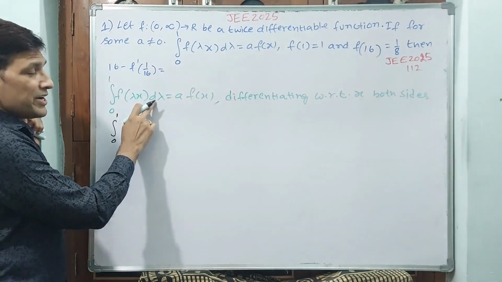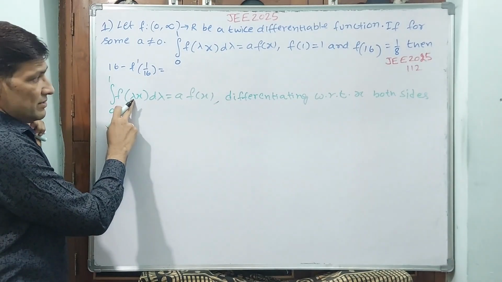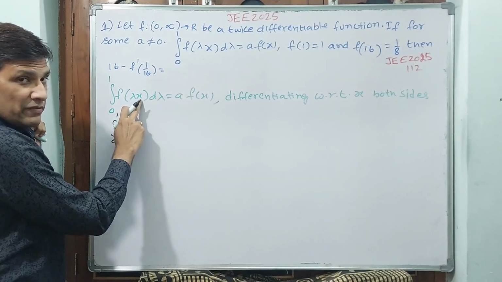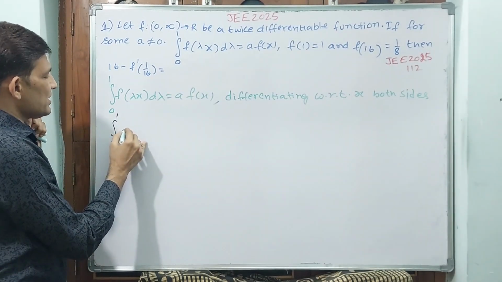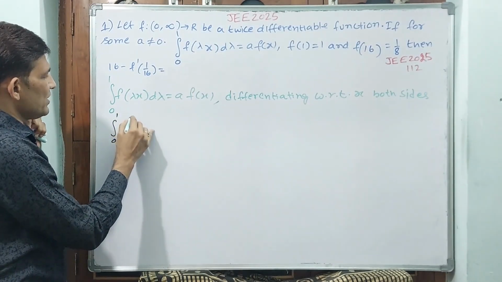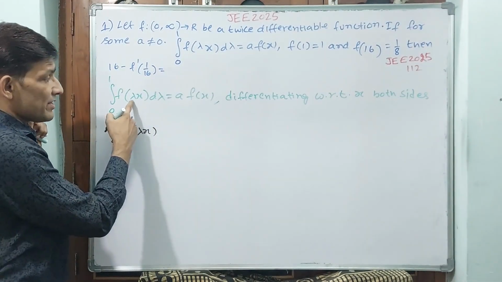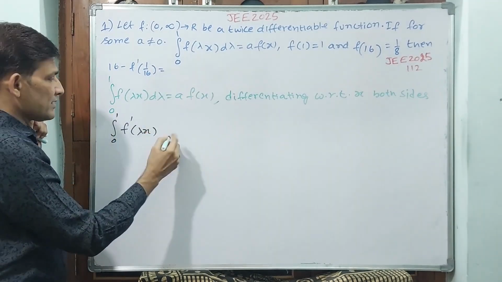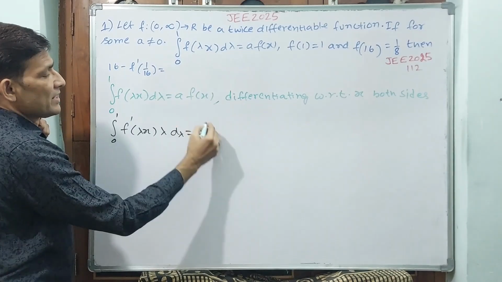Here d lambda is constant, lambda is constant. Why? Because we are doing with respect to x, that means x is the only variable. First f dash of lambda x, afterwards again inside the function lambda x, if you differentiate with respect to x, you get lambda, then d lambda. On this side f dash x.